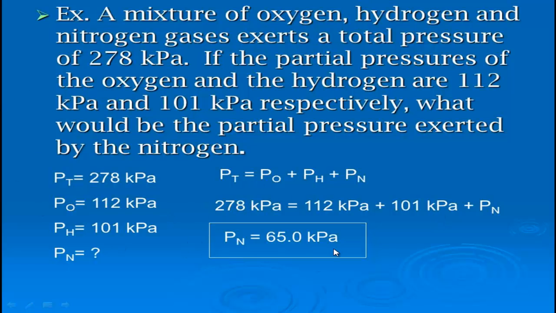Like this way you can easily solve this type of problem. I hope there will not be a problem to solve any problems based on Dalton's law of partial pressure, because all types of problems which are possible from this law I have already discussed.